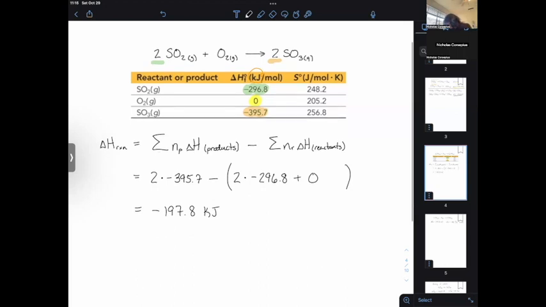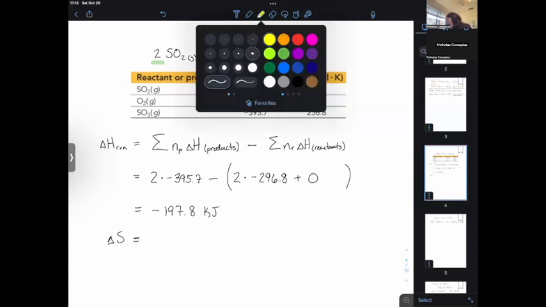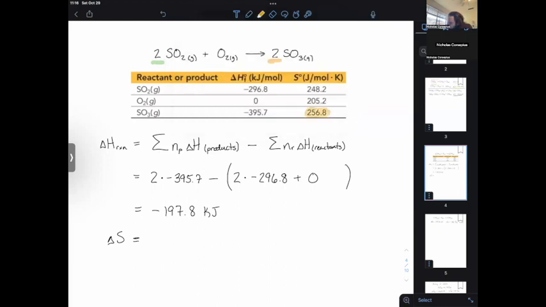Right, so I can do the same thing for my delta S for this reaction. But now I'm going to use those values in the delta S column of my table. So again, looking it up for my products, now it's the 256.8 multiplied by 2. Again, I'm going to put those reactants in parentheses. Look up for my reactant here, multiplying that by its stoichiometric coefficient, so 248.2.